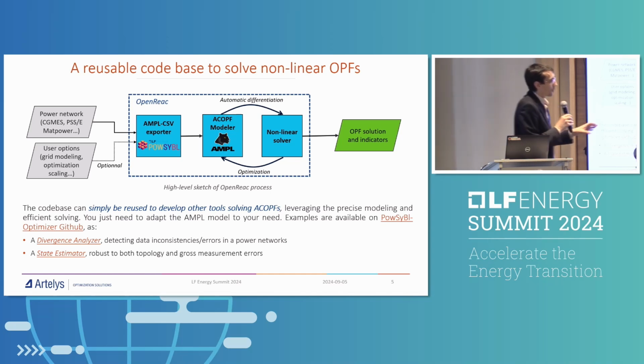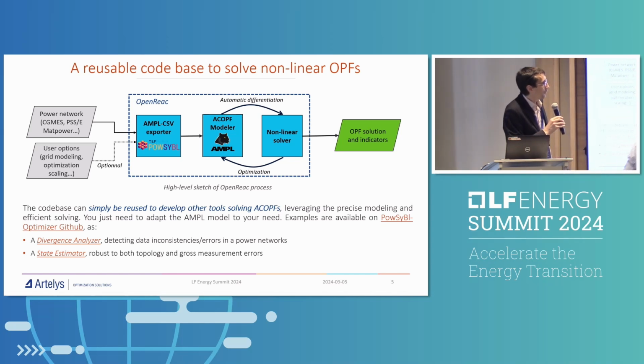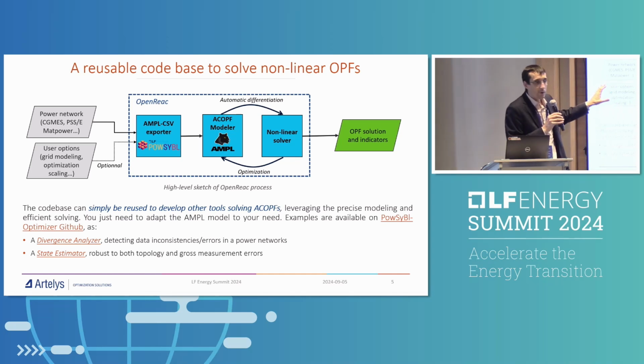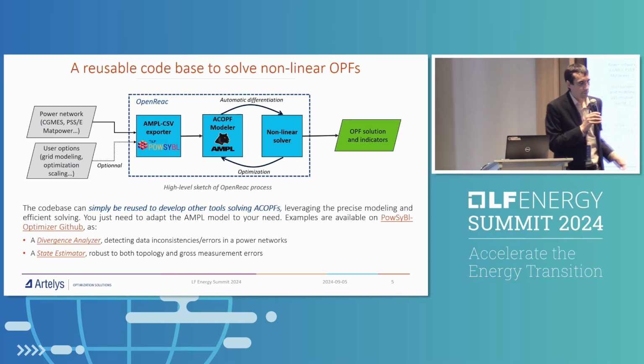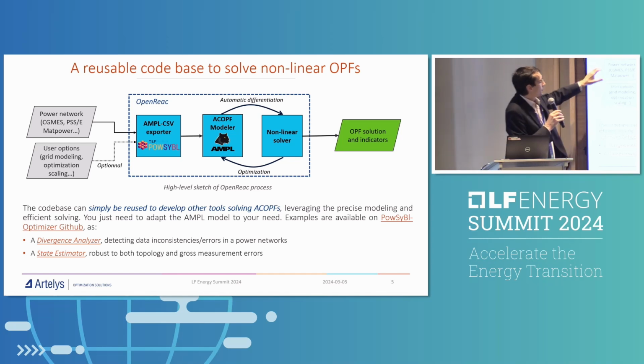And the modeler calls a nonlinear solver that can be Artelys Knitro or any open source solver. And then an important part of it is the converter that converts from the internal format of PowSyBl to CSV tables that AMPL can read.